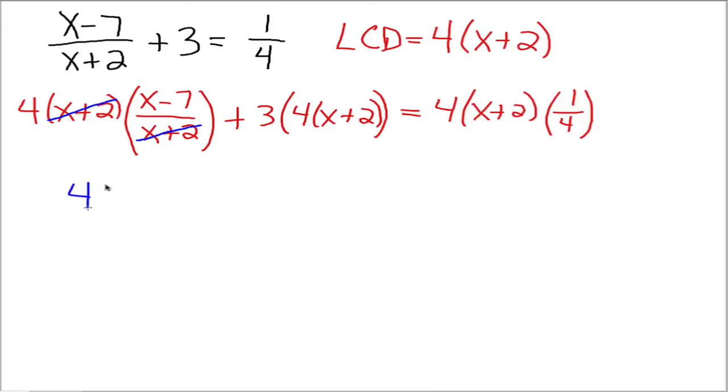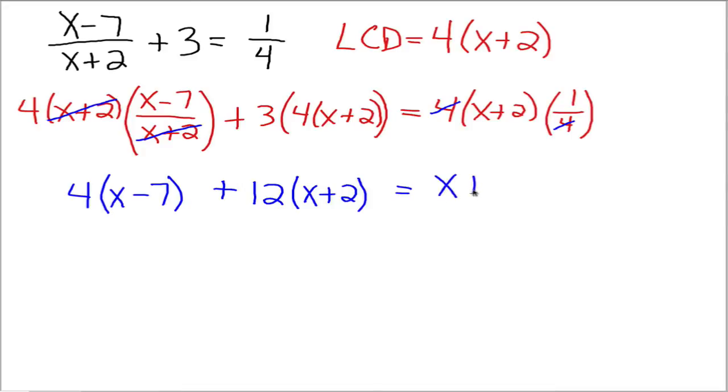And I would just write that as 4 times x minus 7 plus, so that's just 12. 3 times 4 is 12 times x plus 2 equals, right over here, the 4's disappear. And we're left with x plus 2 times 1, which is just x plus 2. The whole point is to get rid of the fractions to make our equation look a little bit easier.